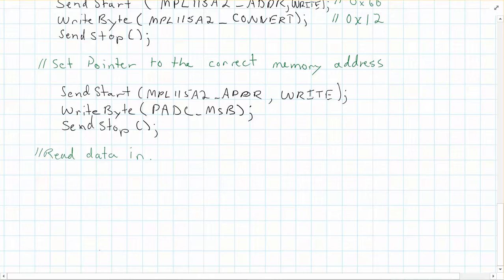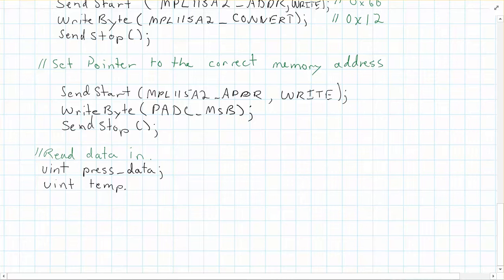So first off, we're going to do an unsigned int, because in this case I don't need the signed bit. I'm going to call this press data, and then an unsigned int temp data.